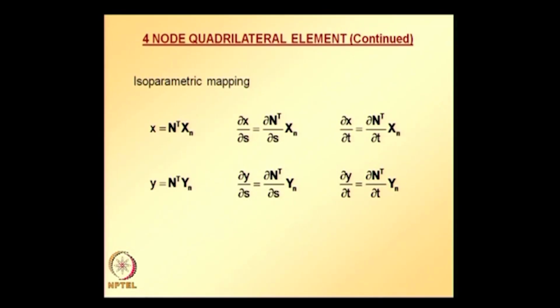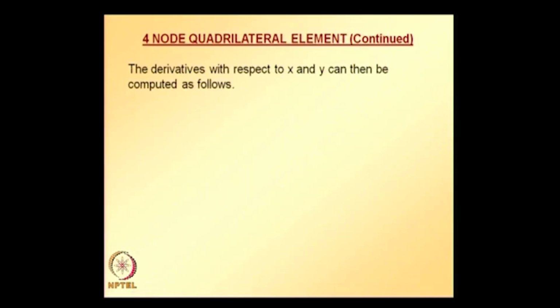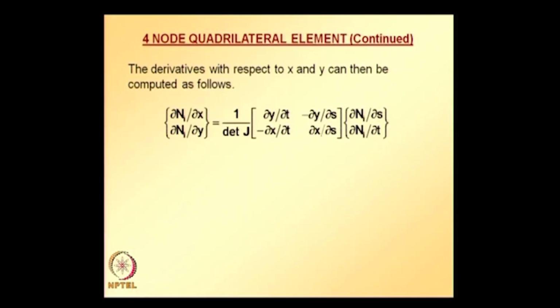Once we have the partial derivative of x with respect to s, of x with respect to t, of y with respect to s, and of y with respect to t, we can easily calculate the determinant of the Jacobian. And derivatives with respect to x and y can be computed once we know the determinant of the Jacobian.